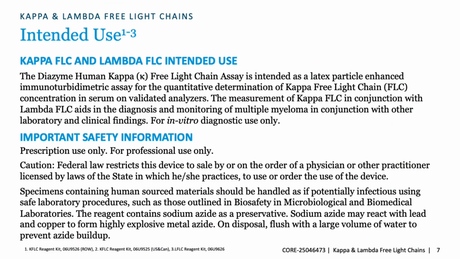Yeah, so we have two assays now that are coming out. One's for the Kappa, one's for the Lambda. And they're an immunoturbidimetric assay. So that means there's an antibody, a polyclonal antibody coated to a latex particle. And that antibody can bind to the free light chains, whether they be Kappa or Lambda. An antibody binding to an antibody almost. Basically exactly that.